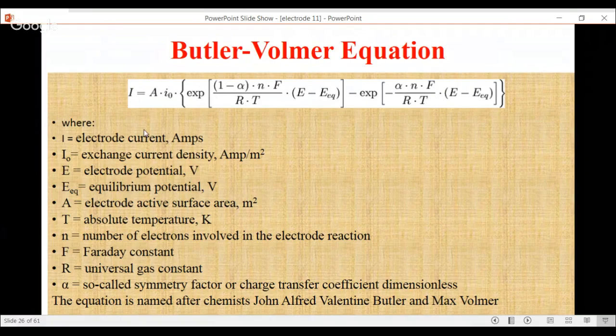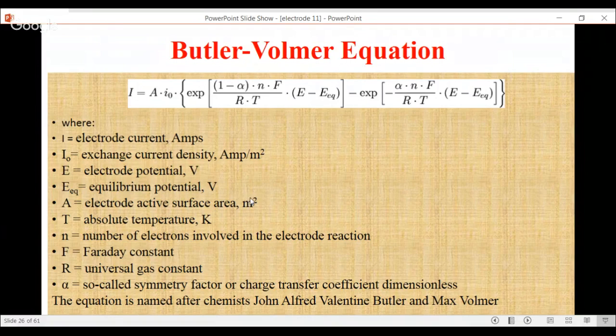So I is the electrode current in amperes. I0 is the exchange current density, in amperes per square meter of electrode area. E is the electrode potential here. E equilibrium is the equilibrium potential. A is the electrode active surface area.